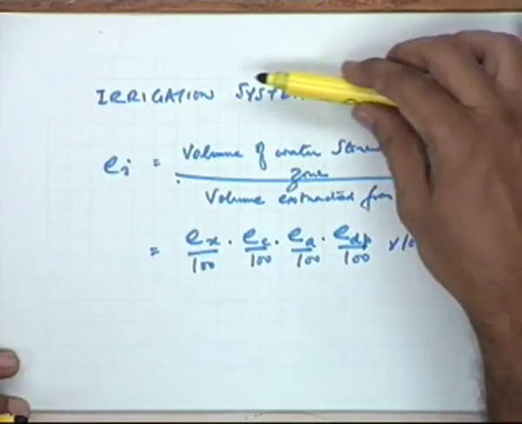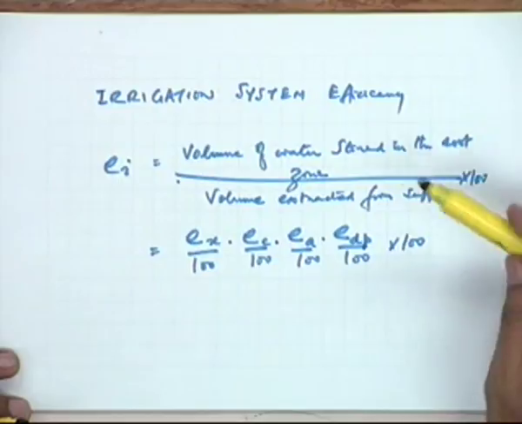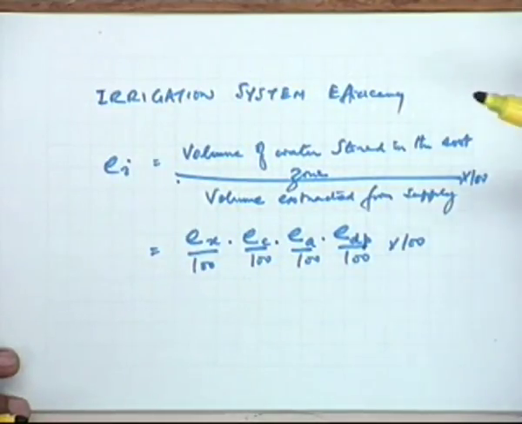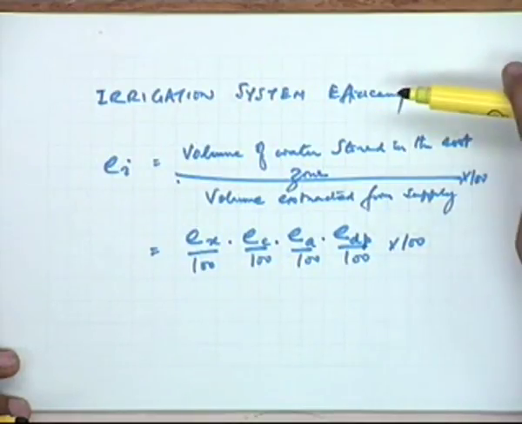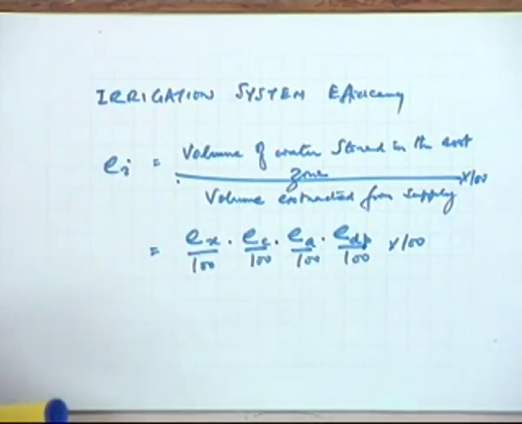But for irrigation system efficiency, many times you can change your point of interest. If your point of interest is the source itself, then it will be the project efficiency.